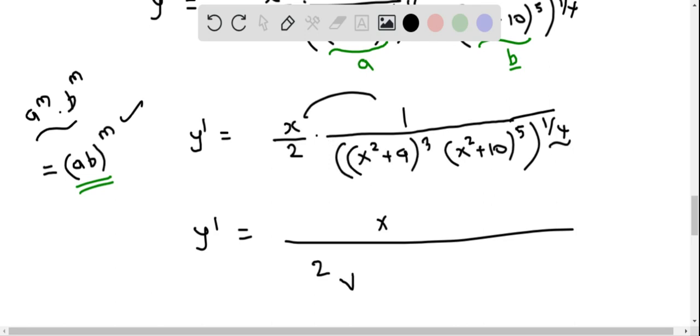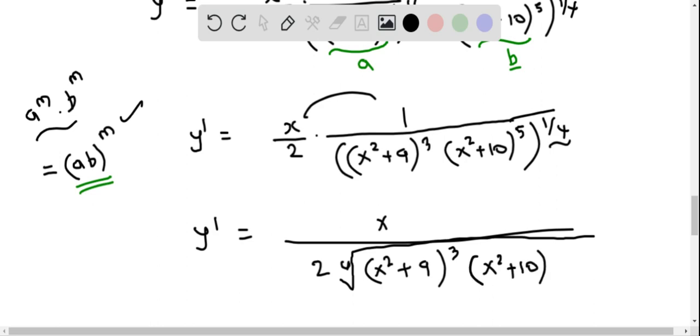This is under the fourth root, and inside we have (x squared plus 9) cubed, and (x squared plus 10) raised to the power of 5. So it is basically this under the root, and this is raised to the power of 4.